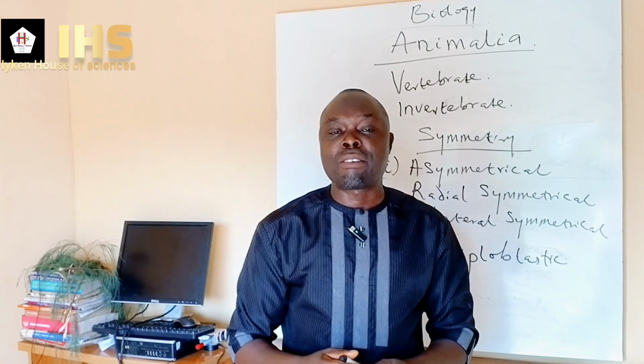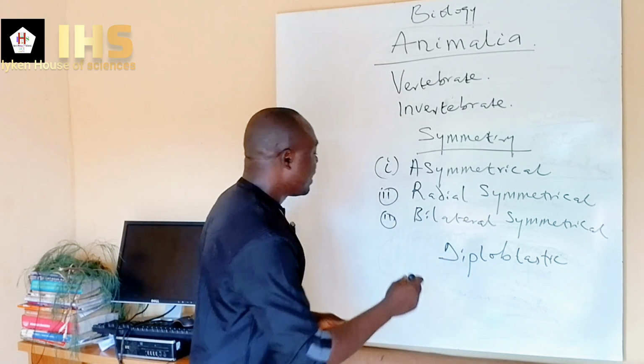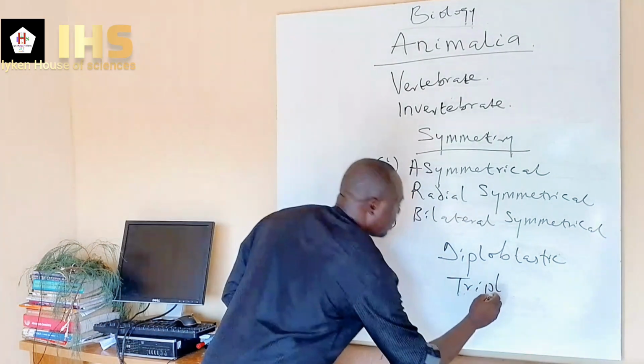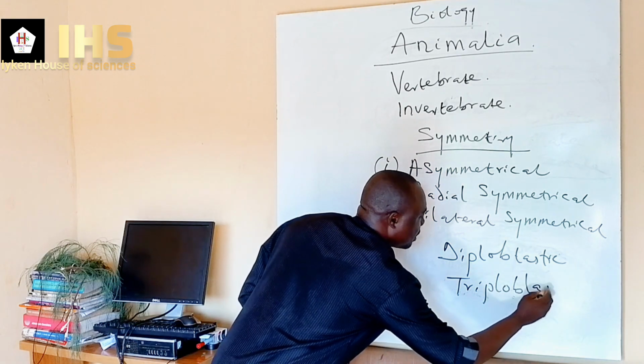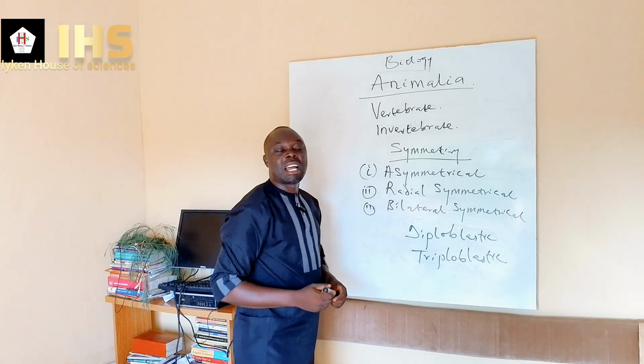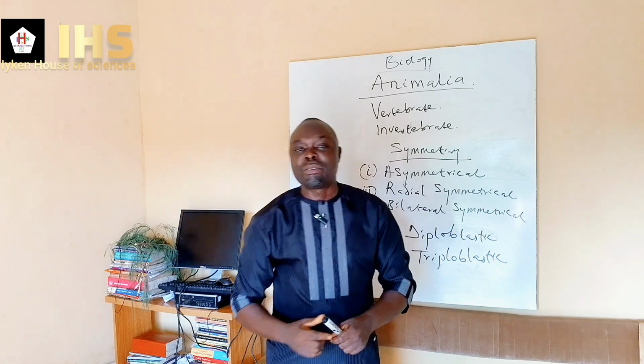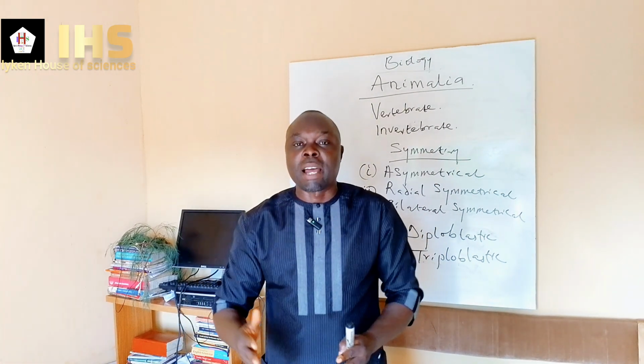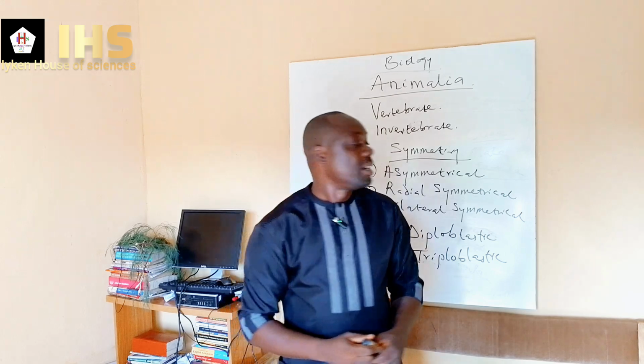Then those that have three body layers are called triploblastic animals. They have the ectoderm and the endoderm separated by a layer called mesoderm.